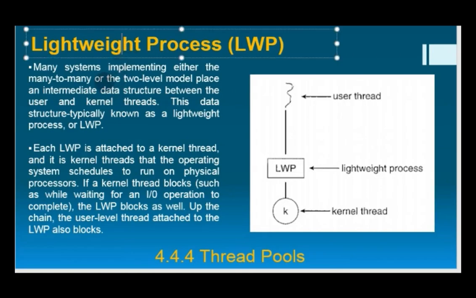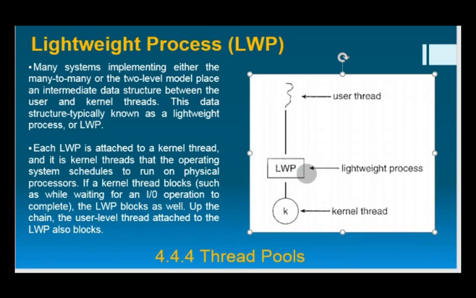Lightweight process, or LWP. Many systems implementing either the many-to-many or the two-level model place an intermediate data structure between the user and kernel thread. This data structure is typically known as a lightweight process, or LWP.